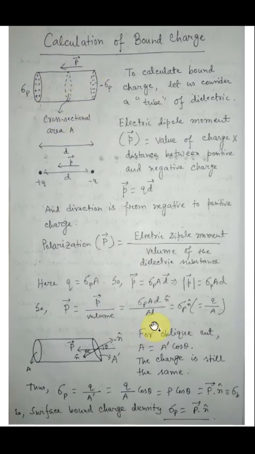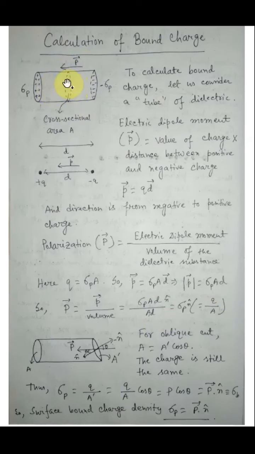So ad will cancel and we get the value, the surface polarization surface charge density, and the direction will be along the unit normal on this cross sectional area. So the polarization vector here is actually parallel to the normal on this cross sectional area, right?